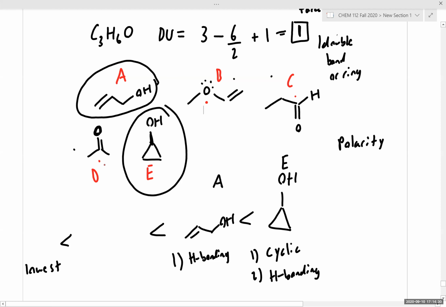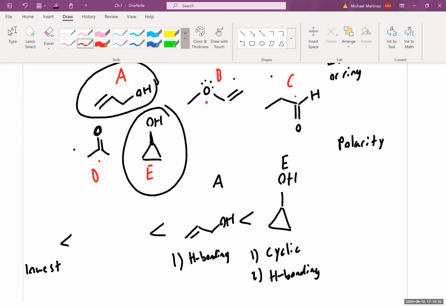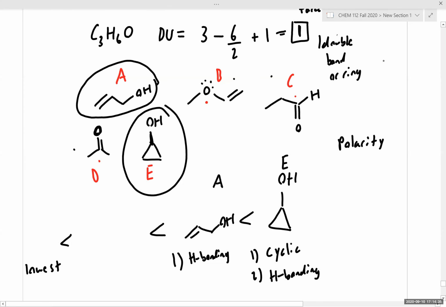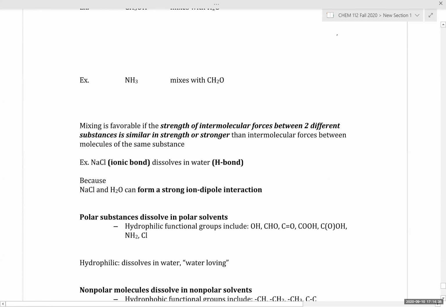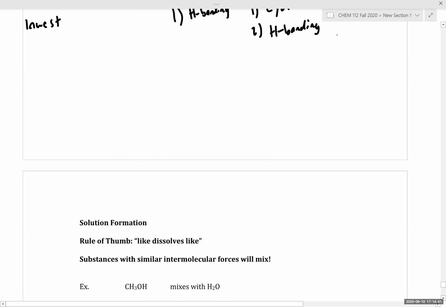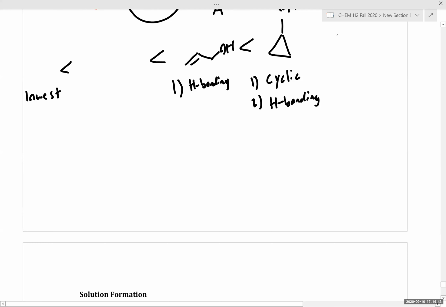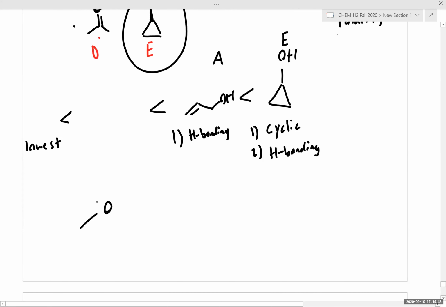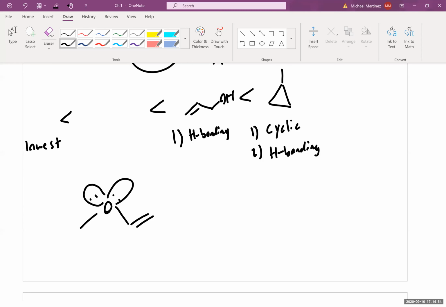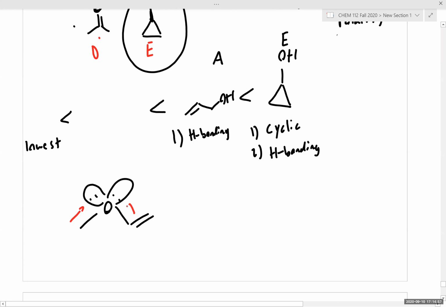So in terms of molecular polarity, if we start looking at an ether, so if we draw an ether with respect to its three-dimensional shape, we have two bond dipoles from carbon-oxygen bonds, and those dipoles can partially add together to give us our molecular dipole.